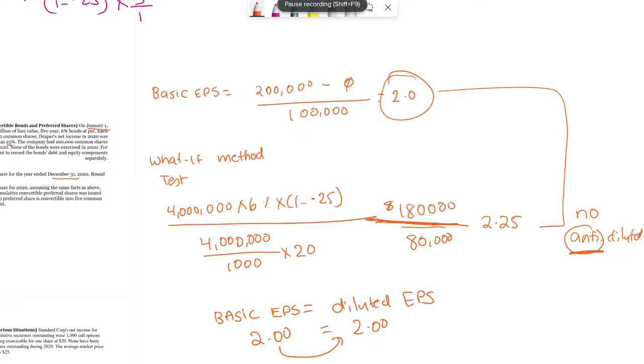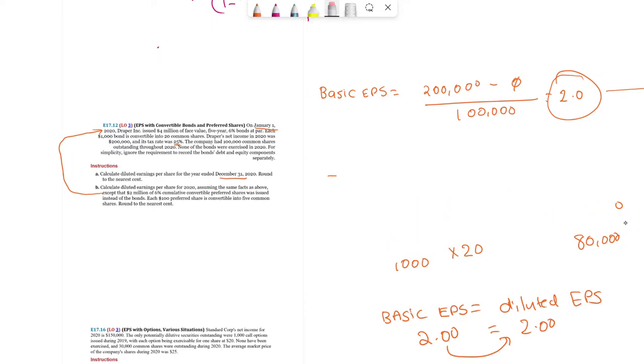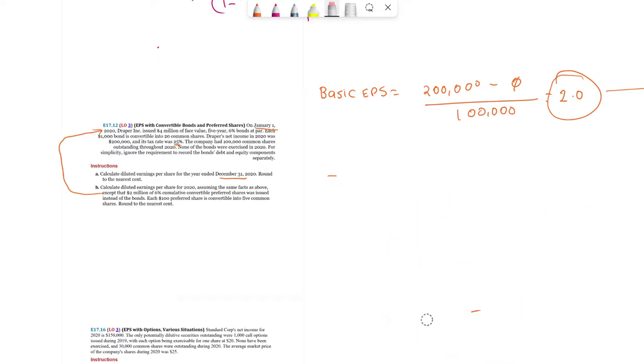So let's see what part B is asking us to do. Calculate the diluted earning per share assuming the same facts above, except the 2 million. What they're saying is that instead of having a debt, the company has preferred shares. So basic earning per share is exactly the same.